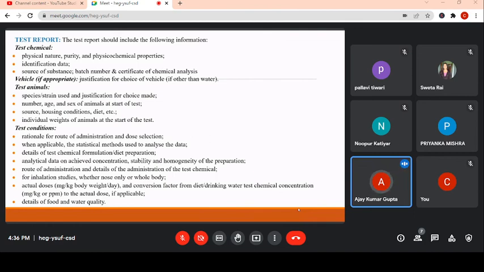Route of administration and details of the administration of the test chemical; for inhalation studies, whether nose-only or otherwise, if inhalation is performed. So it is conditional. Actual dose, mg per kg body weight per day, and conversion factor from diet or drinking water test chemical concentration, that is in terms of ppm, if applicable. Details of food and water quality.